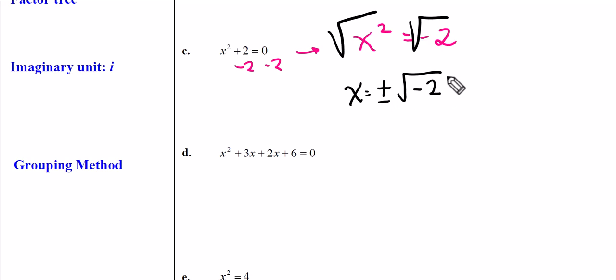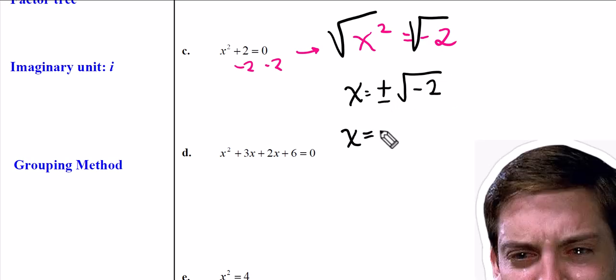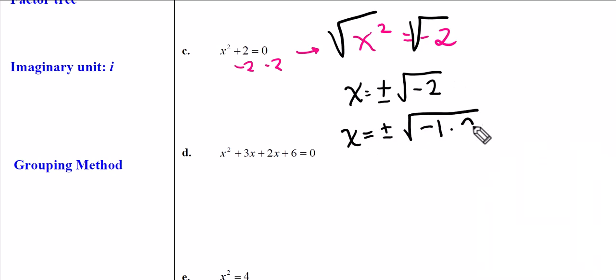However, we could write this as a negative 1 times 2, which we can then split up as a square root of negative 1 times square root of 2. And whether you remember doing imaginary numbers or not, complex numbers or not, you're new to the class or you just totally didn't do anything last semester, it's all good.